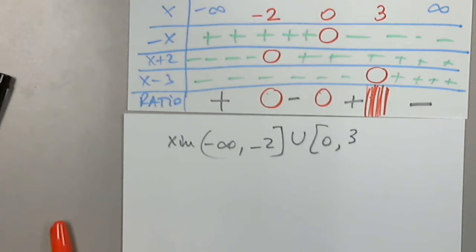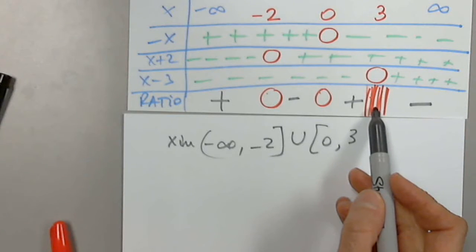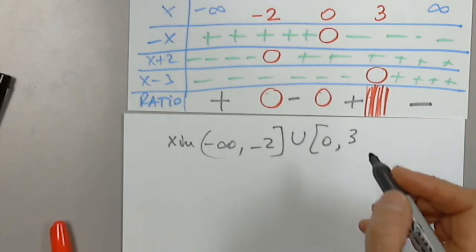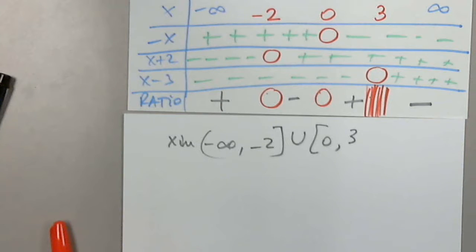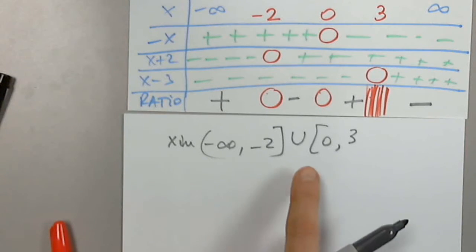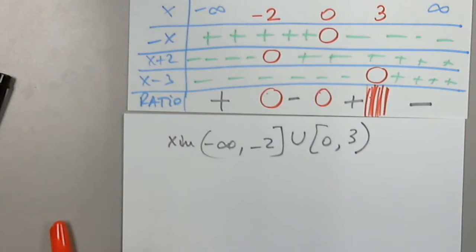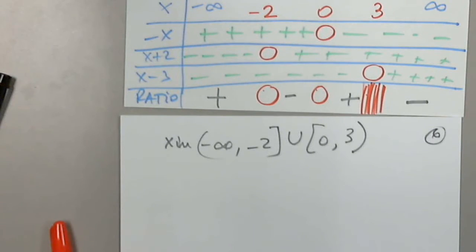Which symbol at 3? But it's undefined. So brackets. I cannot use a bracket if it's undefined. This is the bracket. I have to use a parenthesis. Do we understand the solution?